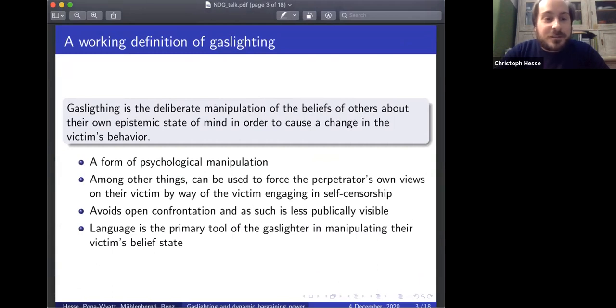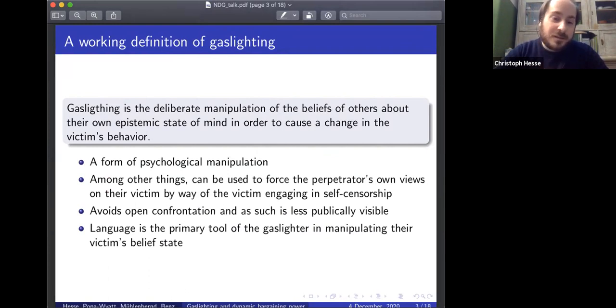So a working definition of gaslighting. Gaslighting is the deliberate manipulation of the beliefs of others about their own epistemic state of mind in order to cause a change in the victim's behavior. And there are different aspects here that are quite important that we want to capture in our model. So it's a form of psychological manipulation.